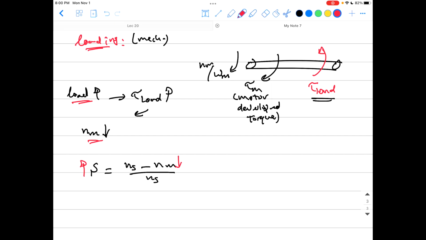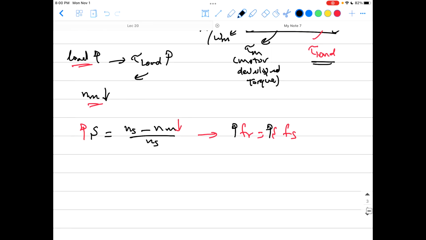Because basically the slip represents how much your rotor actual speed or mechanical speed has slipped behind the synchronous speed or the speed of the magnetic field. Okay, guys? So that is the whole point here. If the slip goes up, and you know that the frequency of the rotor winding equals S F S, like we said before, so with the increase in the load, the slip increases, and that means the frequency of the rotor field goes up.